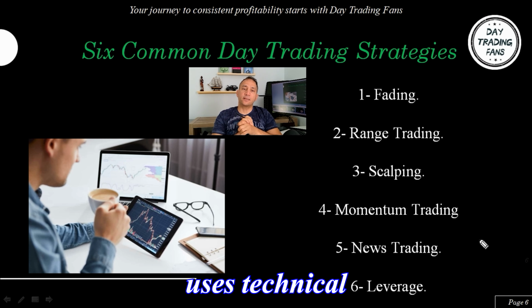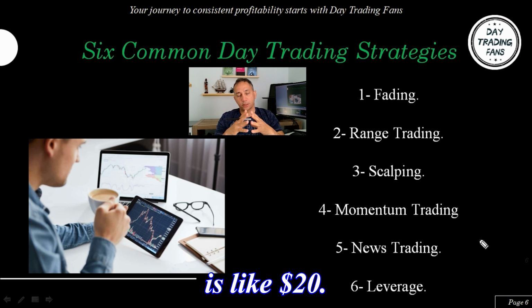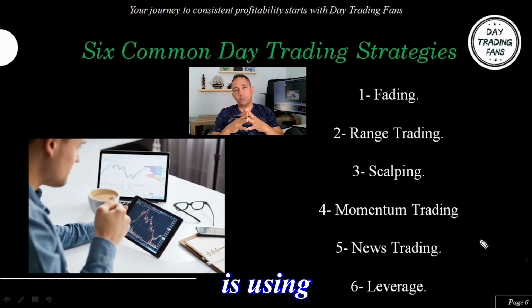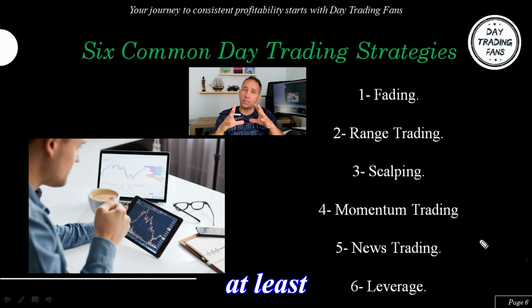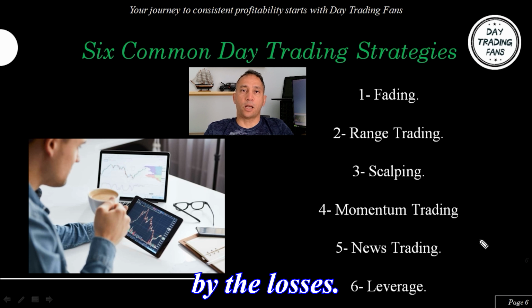So let's say the difference between the support and resistance in range trading is like $20. Scalping is using the smaller time frames, which is at least a 5-minute time frame. If you're a new trader, do not go into the 2-minute and 1-minute, because I guarantee you, you're going to get hammered. You're going to get chewed up by the losses.